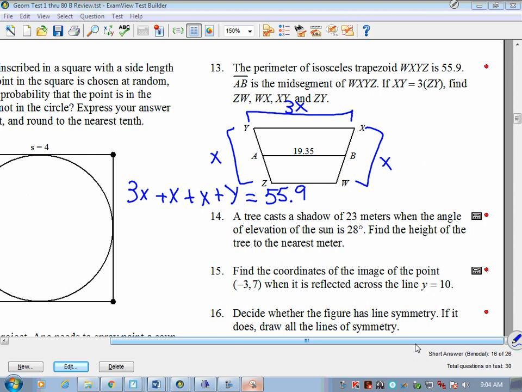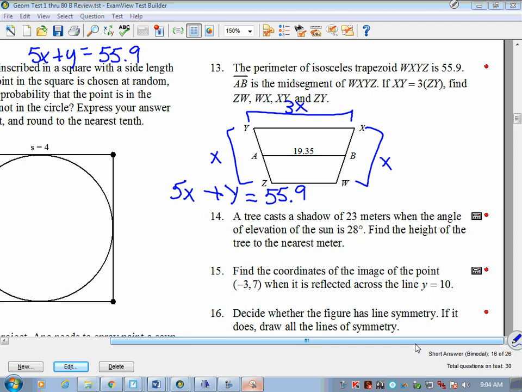Yeah, I could combine my x's. What's 3x plus x plus x? 5x. So we could simplify this to 5x plus y equals 55.9. Okay? We could hold on to that. Let's go ahead and hide that up here somewhere. 5x plus y equals 55.9.